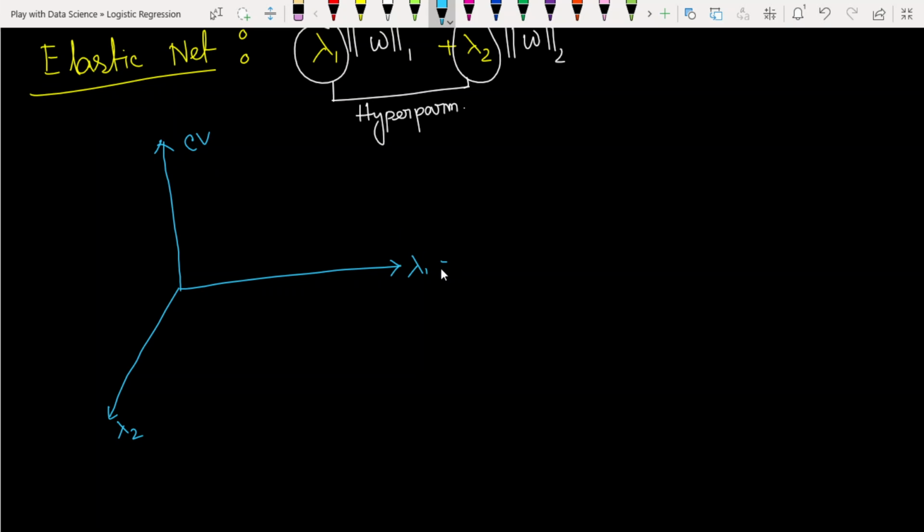Let's take our lambda 1 interval between 10 to the power minus 3 and 10 to the power plus 3, and we divide this interval in multiples of 10. So it will be 10 to the minus 2, next 10 to the minus 1, next 10 to the power 0, next 10 to the power 1, next 10 to the power 2, and 10 to the power 3 as well.